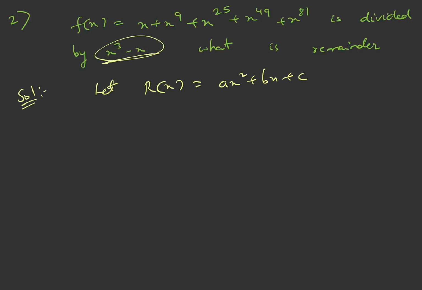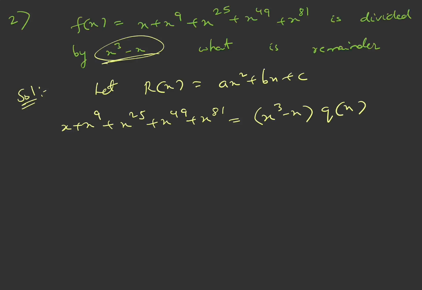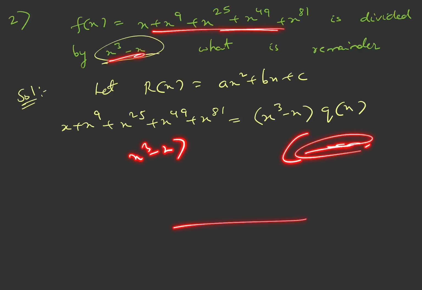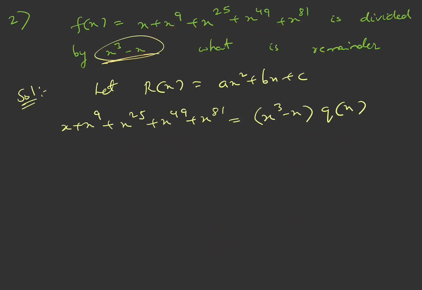So I will write f of x, that is x plus x power 9 plus x power 25 plus x power 49 plus x power 81, as x cube minus x into some quotient q of x, plus some remainder r of x. So the remainder is ax square plus bx plus c.